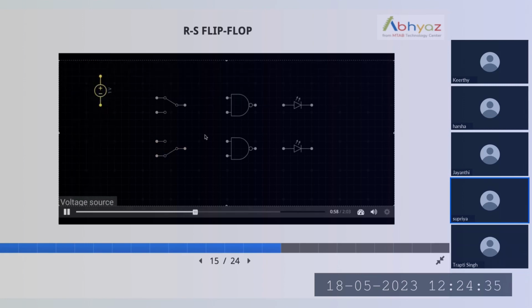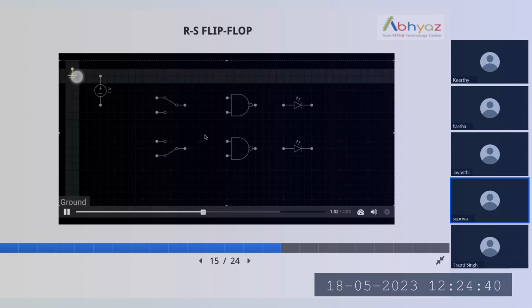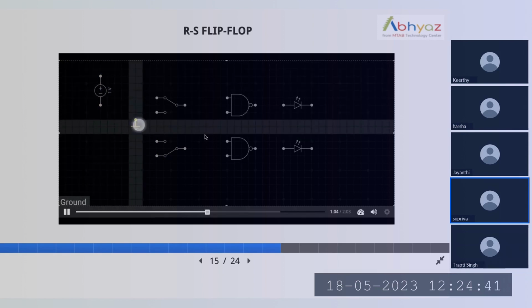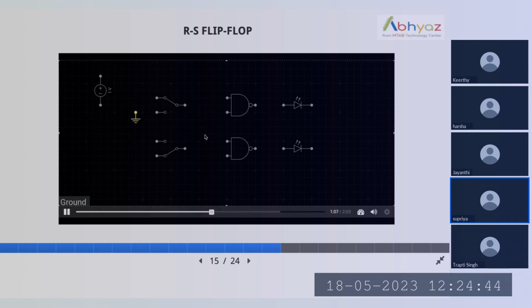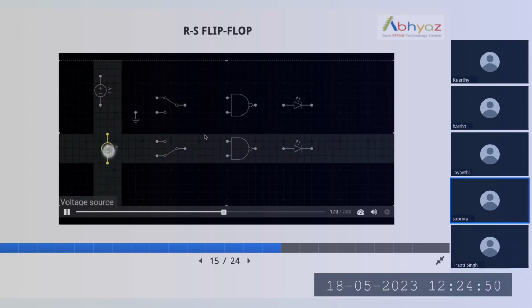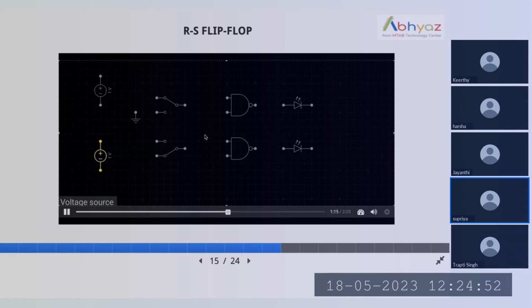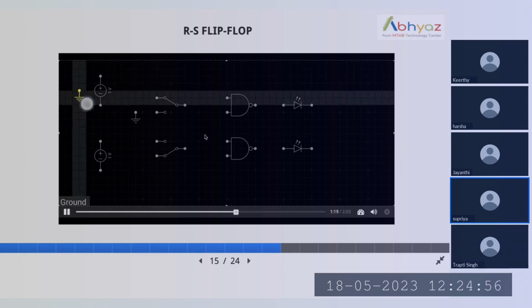If a 1 bit is used, we need to provide the high voltage signal, and if we need a 0, that means active low, we need to give it ground. So for each NAND gate, we need to provide the voltage source as well as the ground. And for the LED, the output has to be connected to ground too.